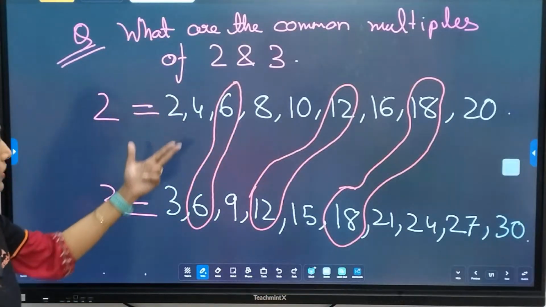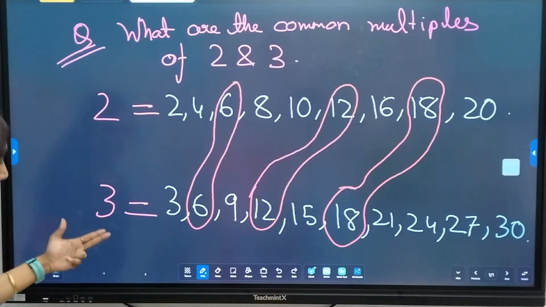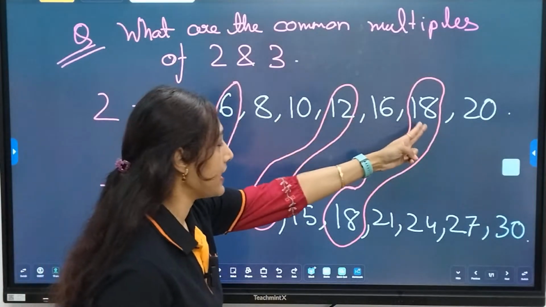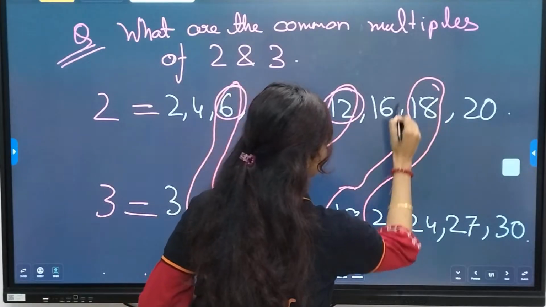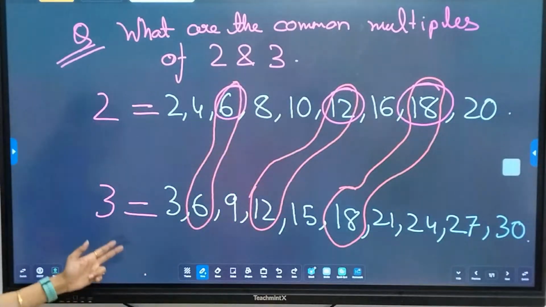Okay. So if we compare 2 and 3, we can see that there are three numbers, 6, 12, and 18, which are common in both.